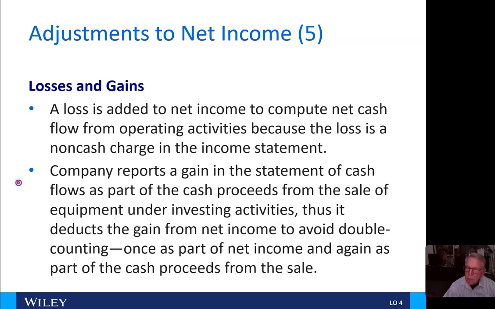And number 2, the company reports a gain in the statement of cash flows as part of the cash proceeds from the sale of equipment under investing activities. Thus, it deducts the gain from net income to avoid double counting, once as part of net income and again as part of the cash proceeds from the sale.